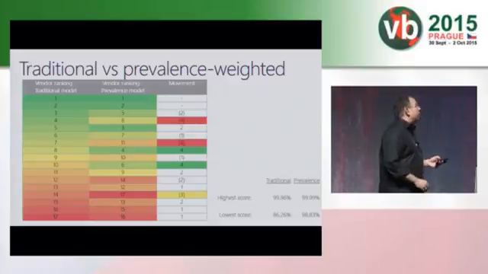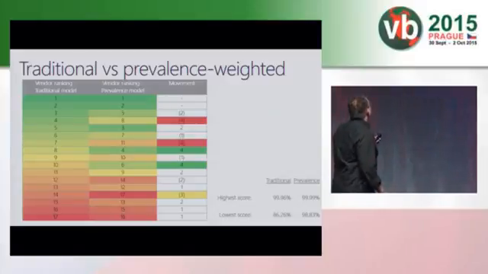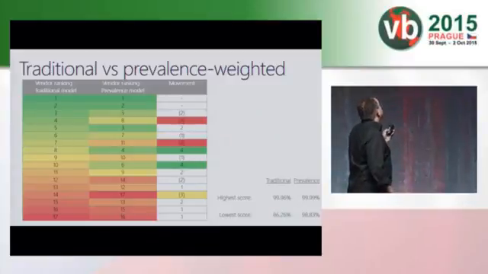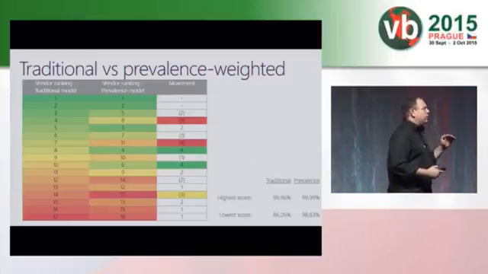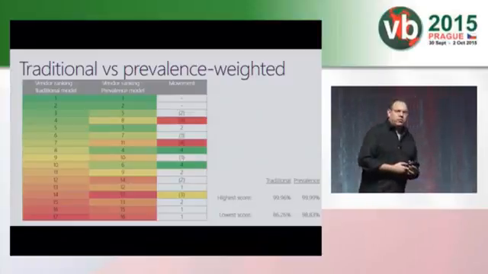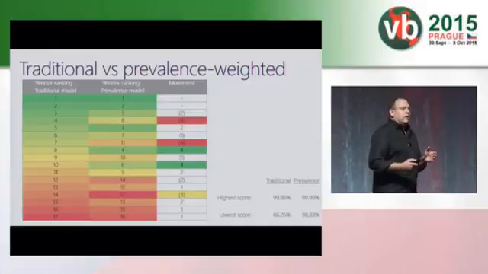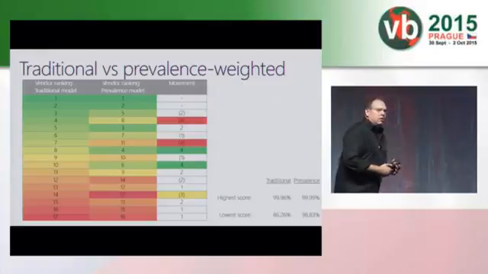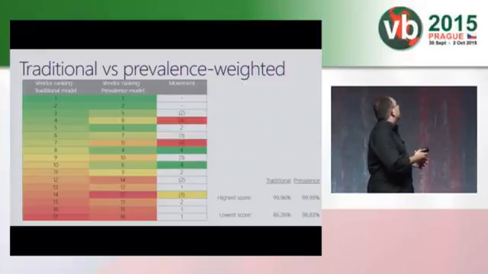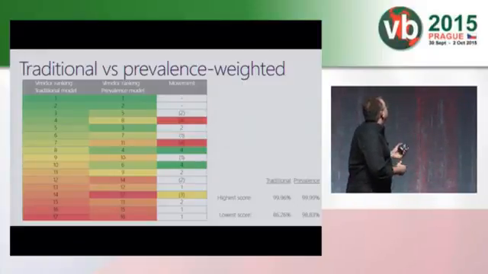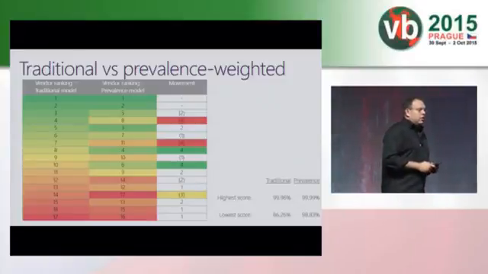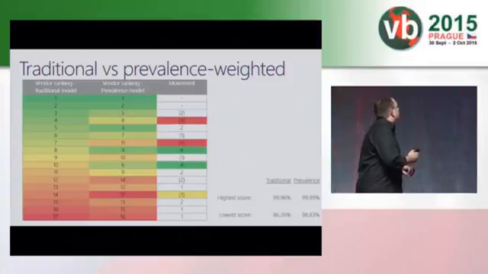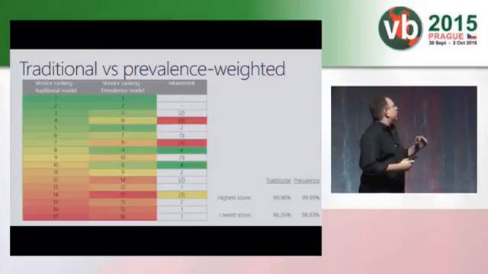What you can see here is a movement in the middle field, but you can also see that the top vendors stay on top, whether you use the traditional model or the prevalence model, and the vendors with not so good detection stay on the bottom. So it's mostly in the middle field that there are some shifts to the top or to the lower end.